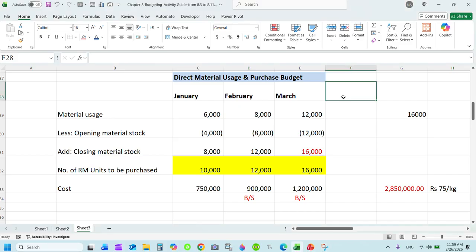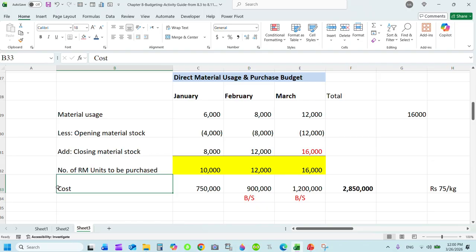So we can put a total column for this total purchase for the budget period of 3 months.